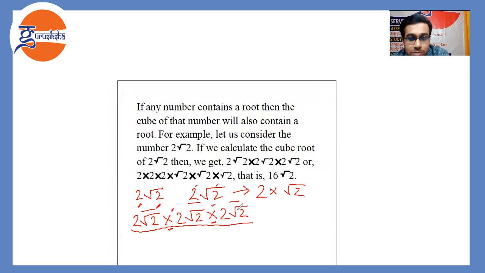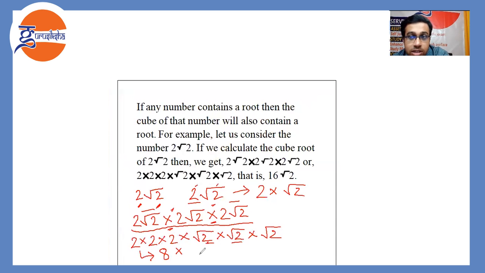The entire expression can be rewritten as 2 into 2 into 2 into √2 into √2 into √2, which means the product will be 8. 2 into 2 into 2 means 8, into √2 into √2.